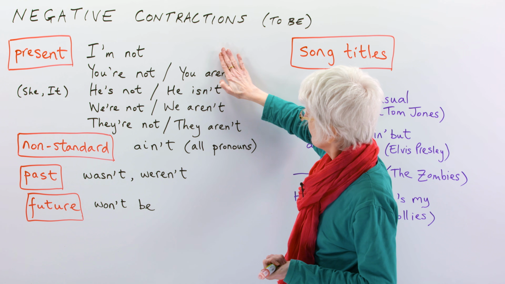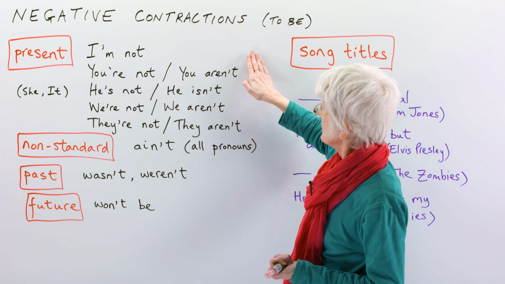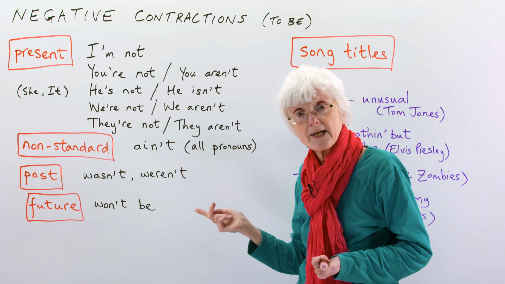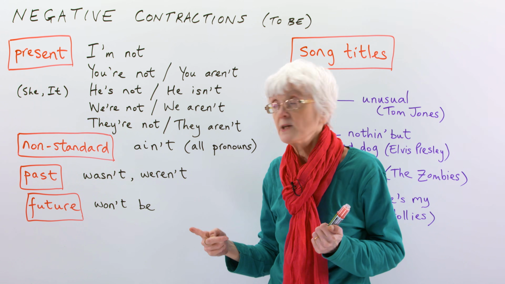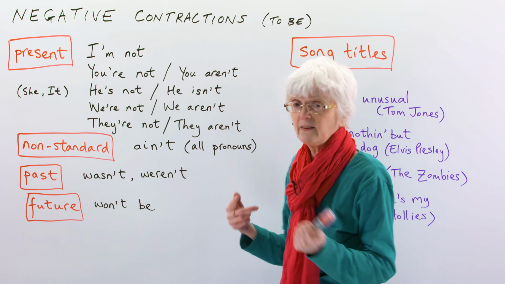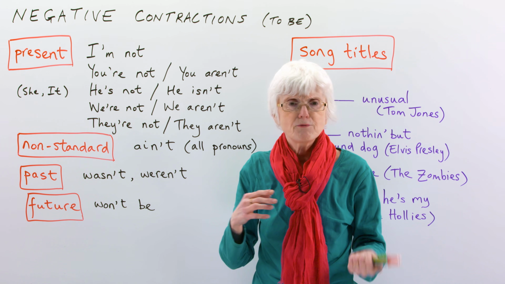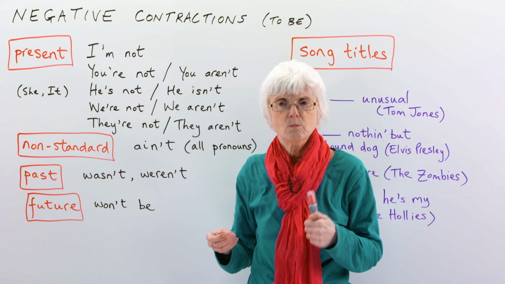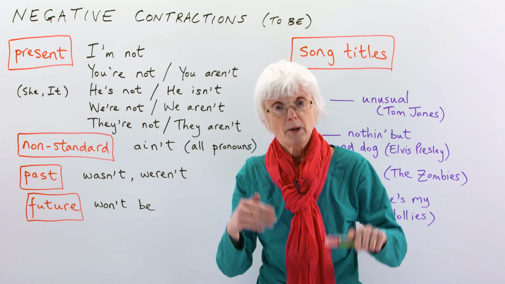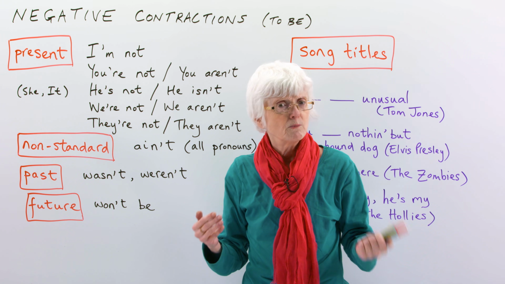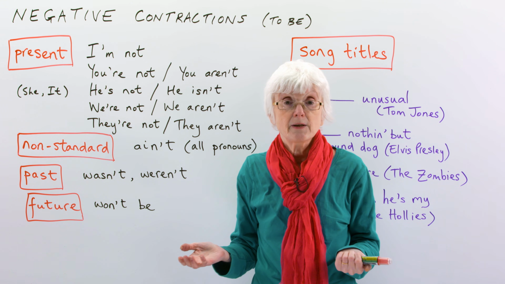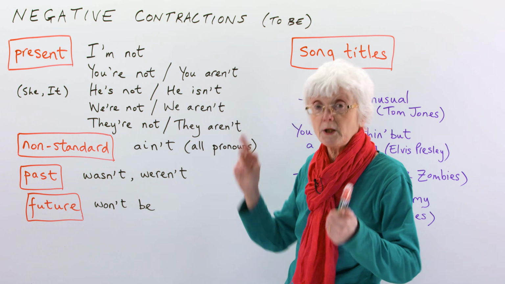You are, and instead of not spelt out, you've got N apostrophe T. So there are two different ways of saying it, either you're not or you aren't. And there isn't really much difference between them, they're both informal, spoken. There isn't one that sounds more old-fashioned than the other. They're just alternatives.